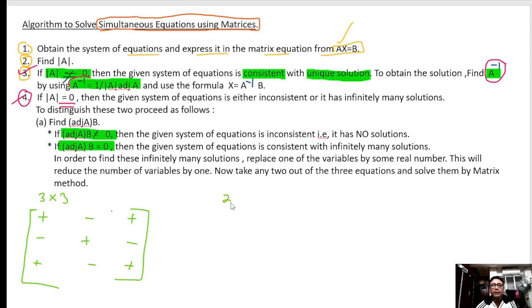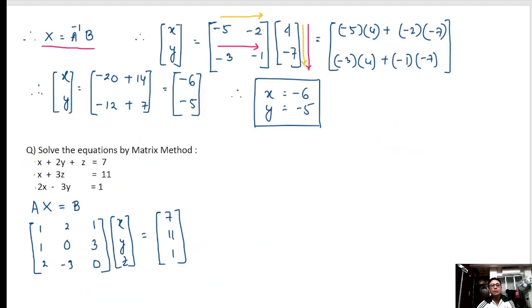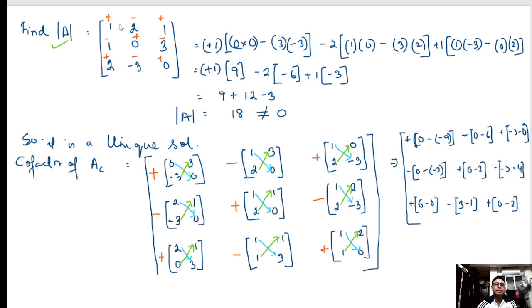And for a 2 by 2 matrix, it is plus, minus, minus, plus. So please remember this. For a 3 by 3 matrix, you have to put it like this. So let's see now. This is a 3 by 3 matrix: plus, minus, plus, minus, plus, minus, plus, minus, plus.